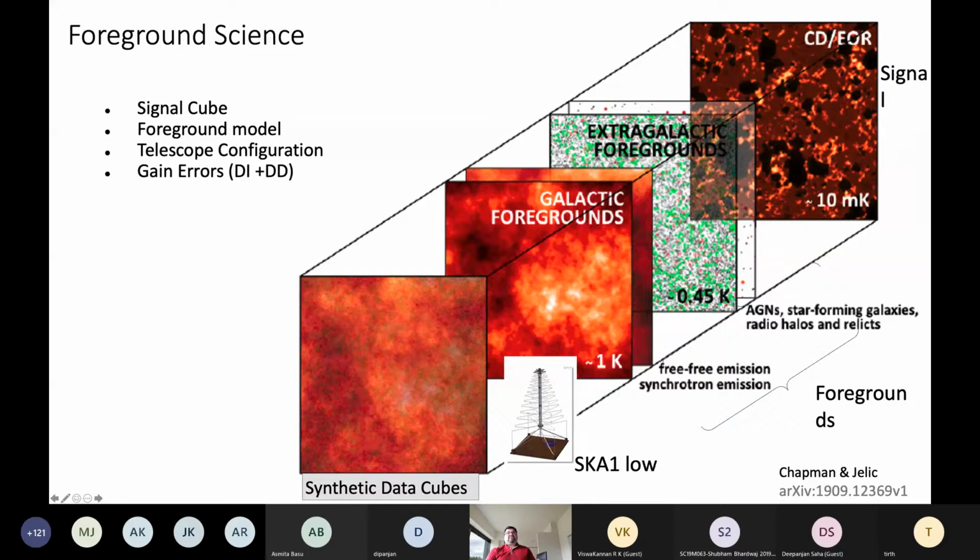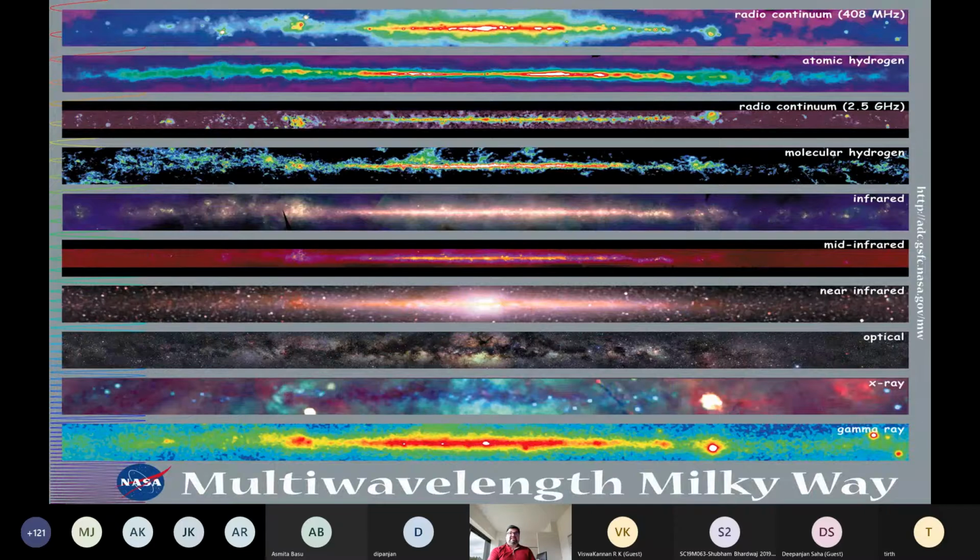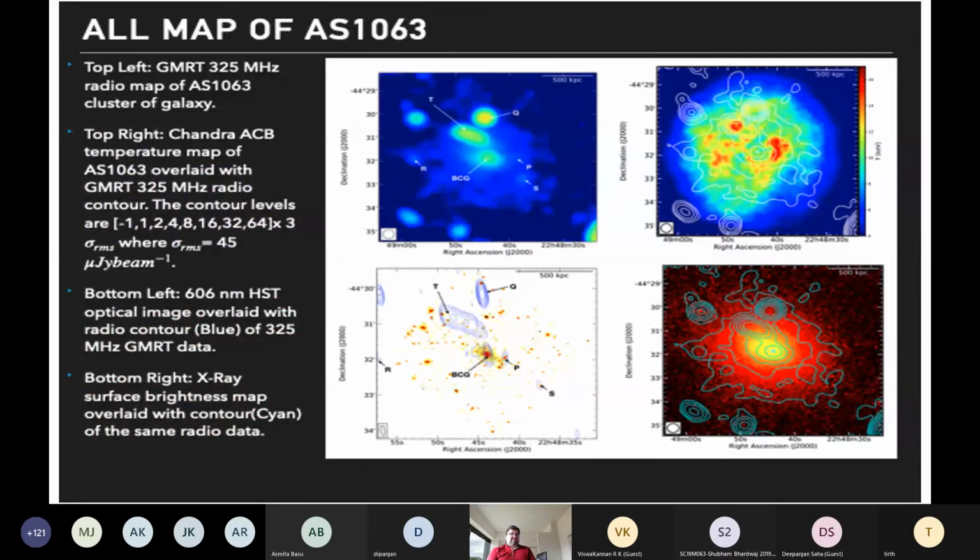If you're looking at that simulated sky, which shows you what is happening in the intergalactic medium at that far redshift, you are seeing that signal coming through all the different foregrounds, the extragalactic and the galactic foregrounds, like our galaxy and extragalactic sources like galaxy clusters, which were somebody's science case in my previous slides.